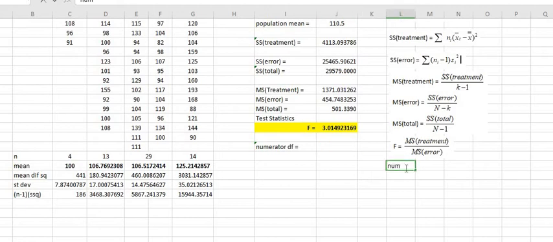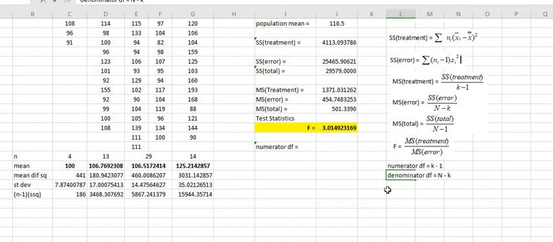Lagay ko dito, numerator degrees of freedom, that is equivalent to K minus 1. And then our denominator degrees of freedom, that is equivalent to N minus K.